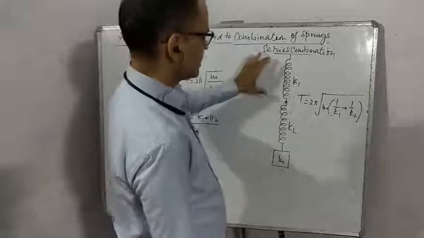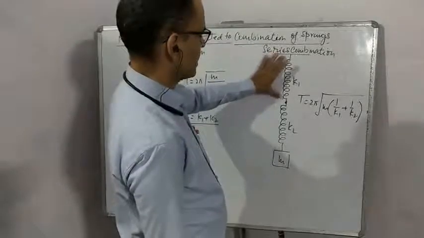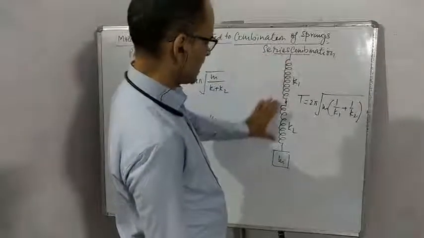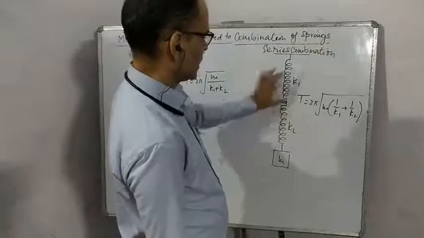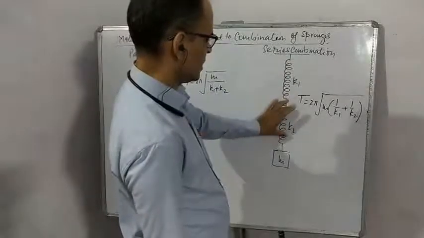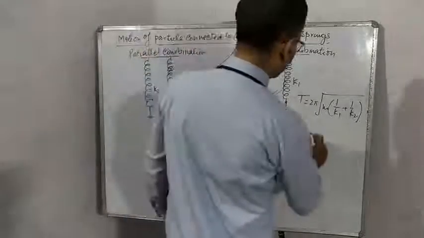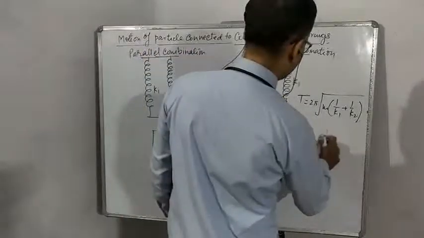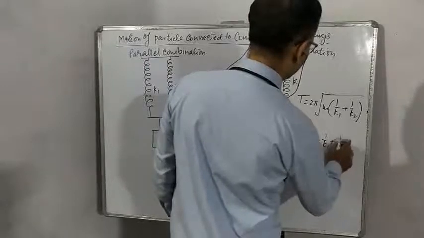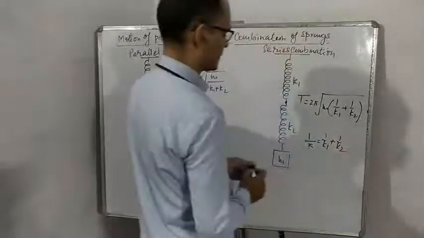Now the springs are connected in series. First spring, then second spring. Their force constants are K1 and K2. In this situation, the equivalent force constant is given as 1 by K is equal to 1 by K1 plus 1 by K2.